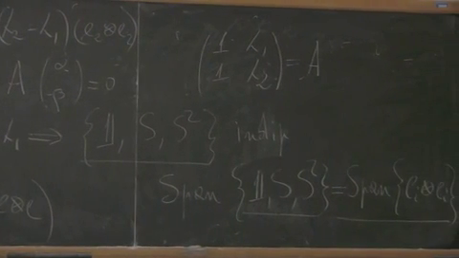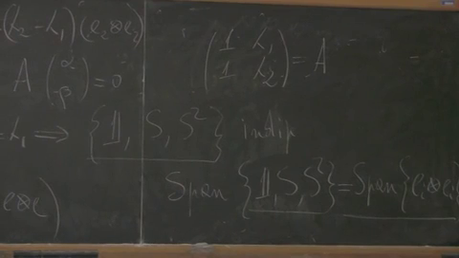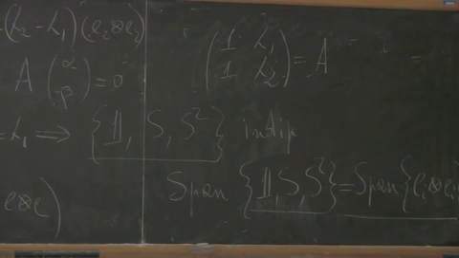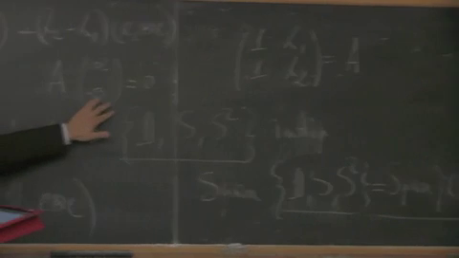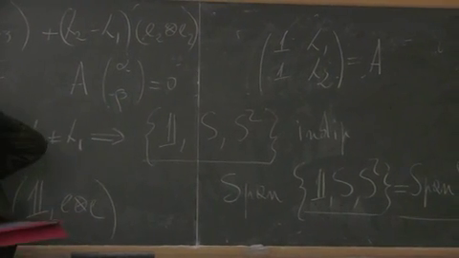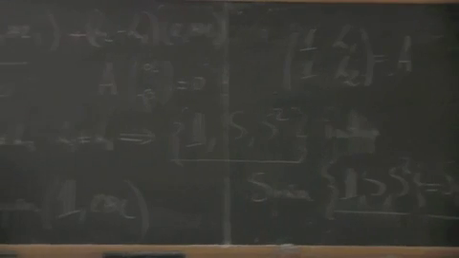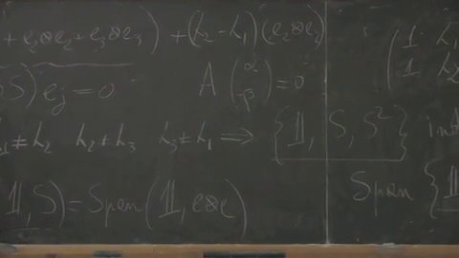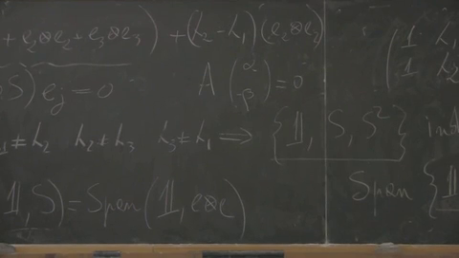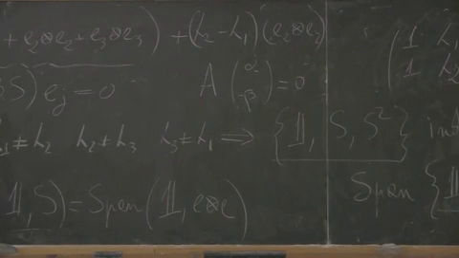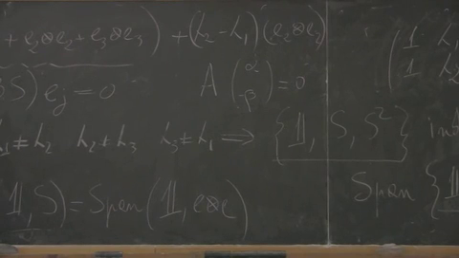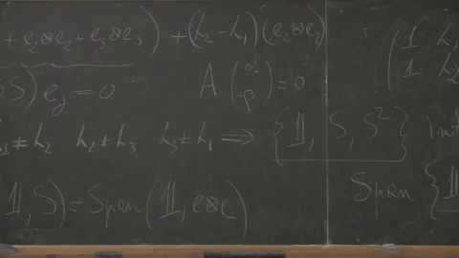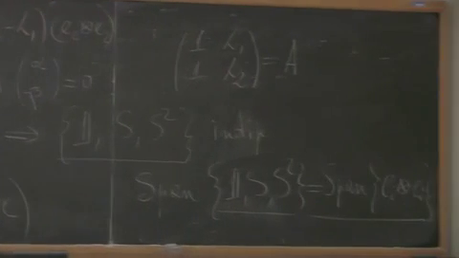Now use Rouché-Capelli theorem. A homogeneous system whose matrix of coefficients has a determinant different from 0 has one and only one solution. And as it is homogeneous, you can only have alpha equals 0, beta equals 0.